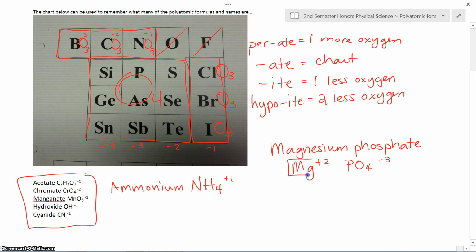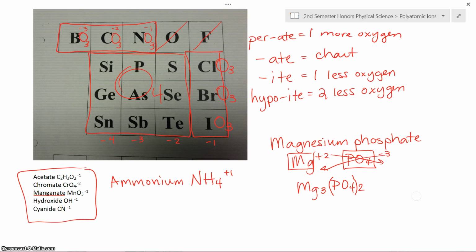So I've got magnesium, I've got phosphate, and this works the same as our ionic compounds before. So I can cross the 2 here, and I can cross the 3 here. So Mg3, PO4, 2. But that looks like 42, so we put parentheses around the PO4.